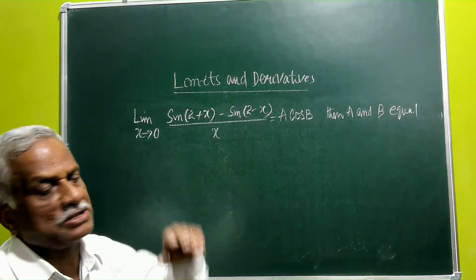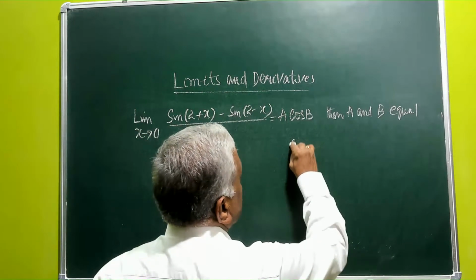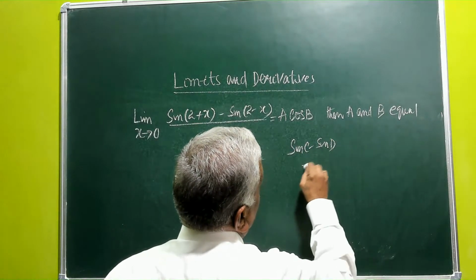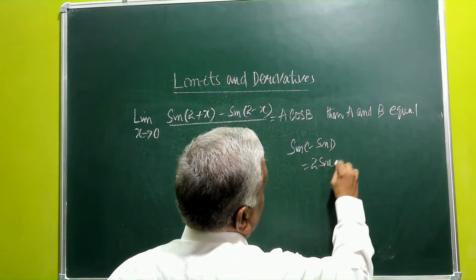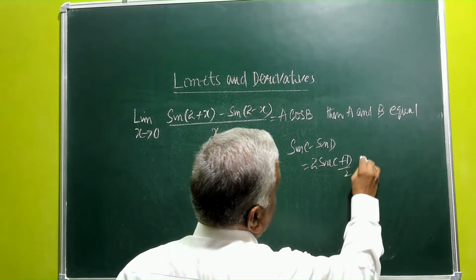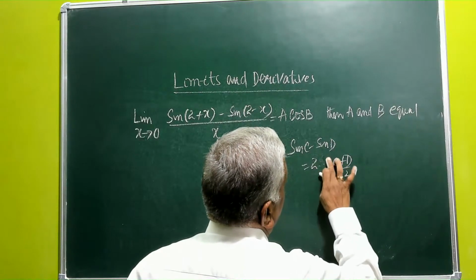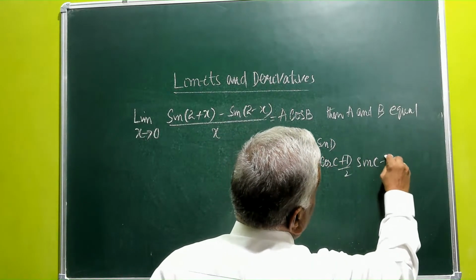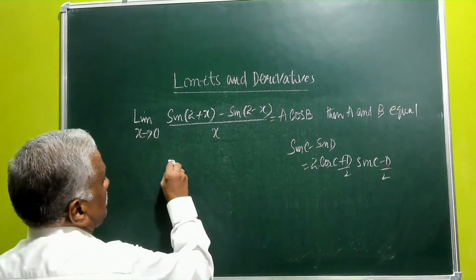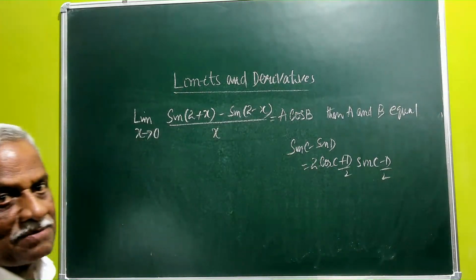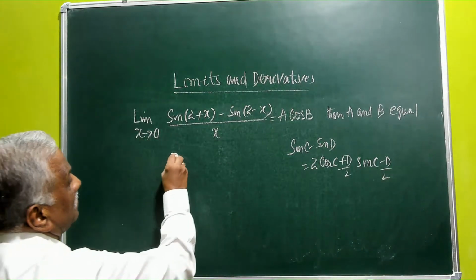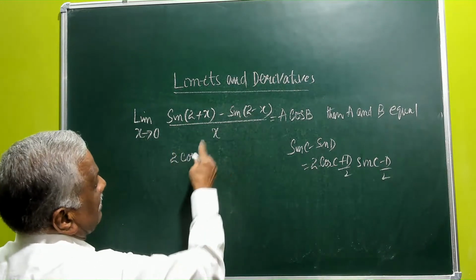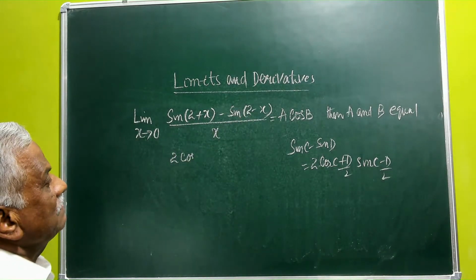The moment you see this, you should remember you have got to use the formula sin c minus sin d. That is 2 cos (c plus d) by 2, sorry, first cos because there is a minus sign, sin (c minus d) by 2. So this is, don't waste time writing limit and all that, 2 cos of (2 plus x plus 2 minus x) by 2. x and x will cancel.